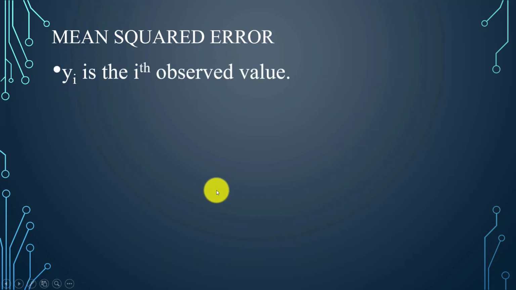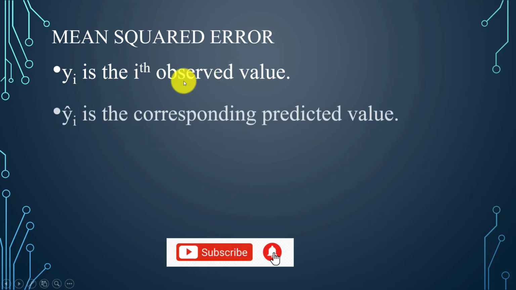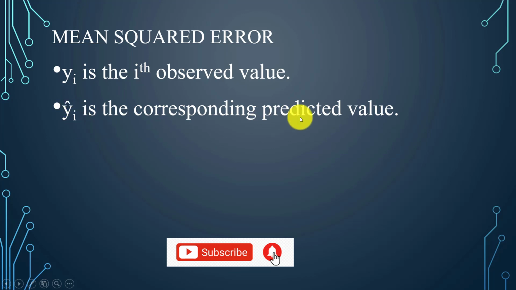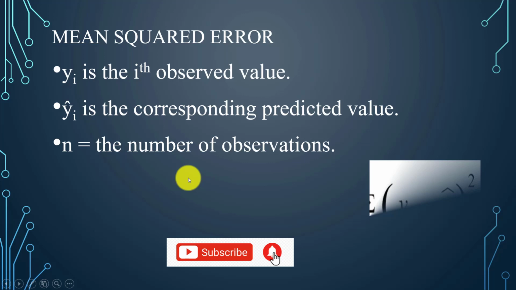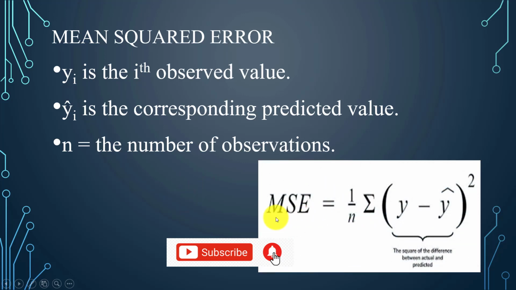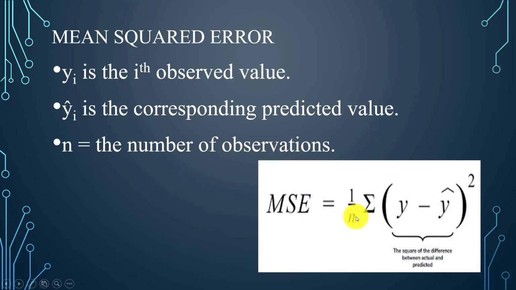It can be calculated with y, the observed or actual value, y cap, the predicted or estimated value, and n, the number of observations. And this is the formula for MSE, that is 1 upon n, summation of (y minus y cap) squared. Now we solved one example, but the link of the solved example is given in the description box. So this is all about the mean squared error. Thank you.